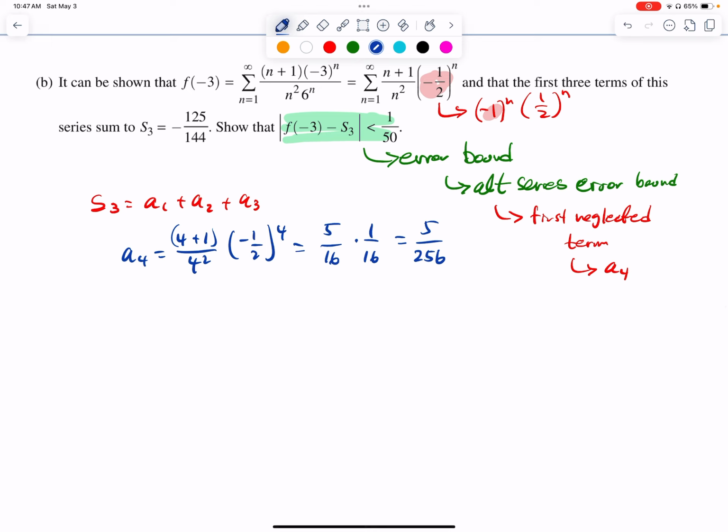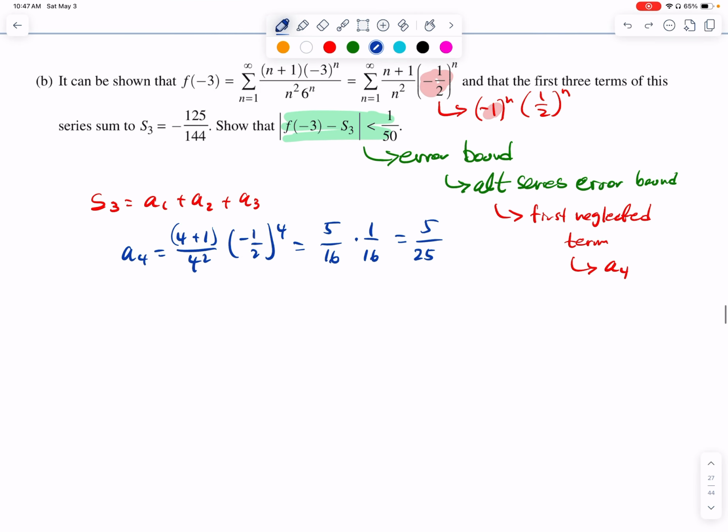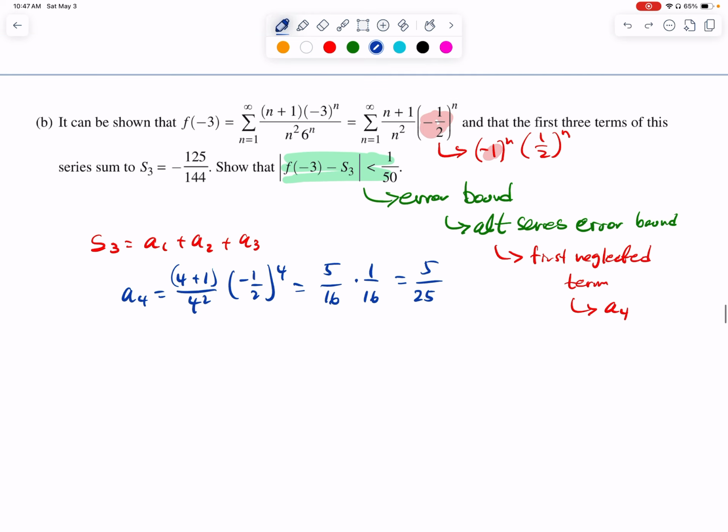Now we just have to make sure that we show our work here. So I am going to say, remember, in order to actually use this, your alternating series actually has to be a convergent alternating series. So I just got to point it out that it does. How do I know that it does?